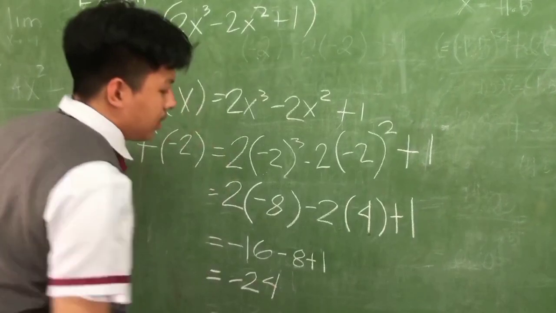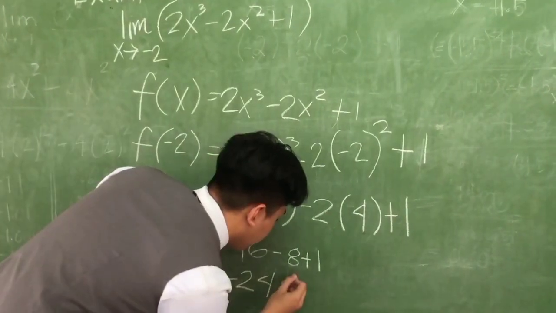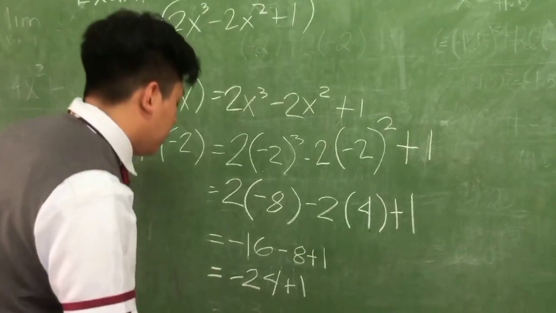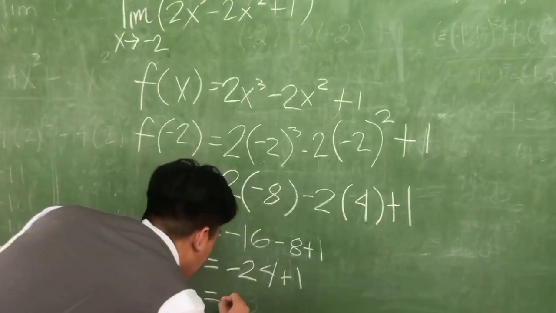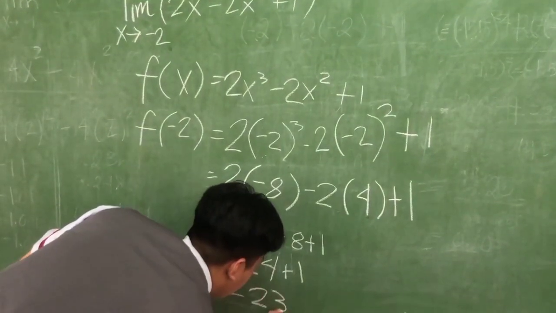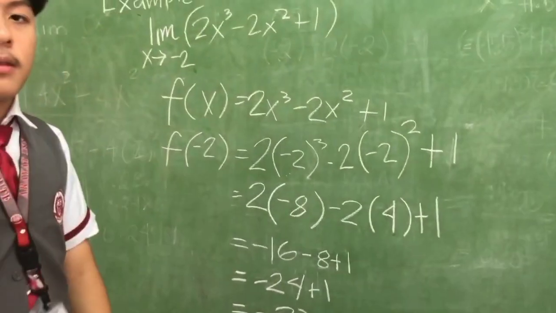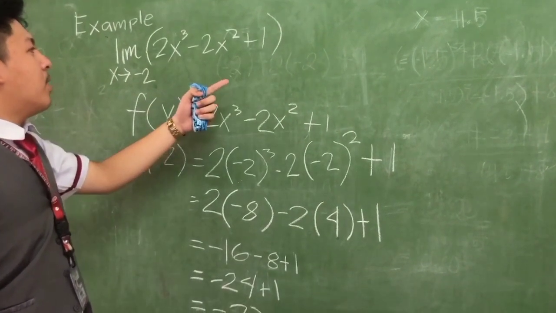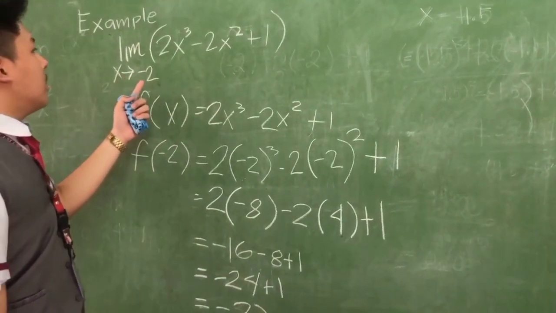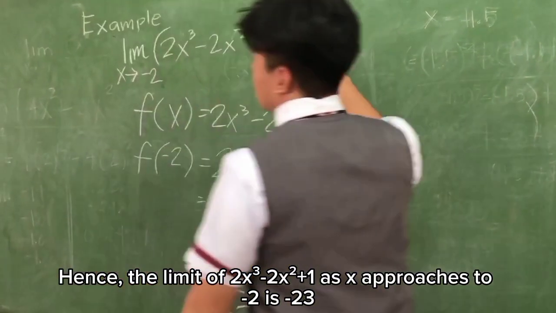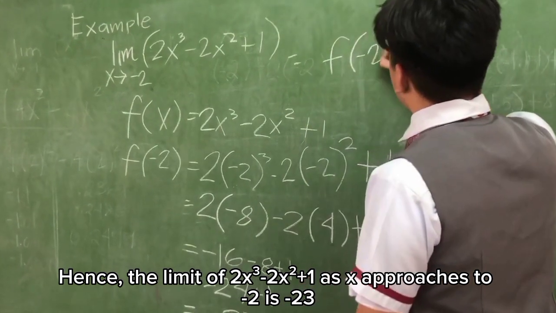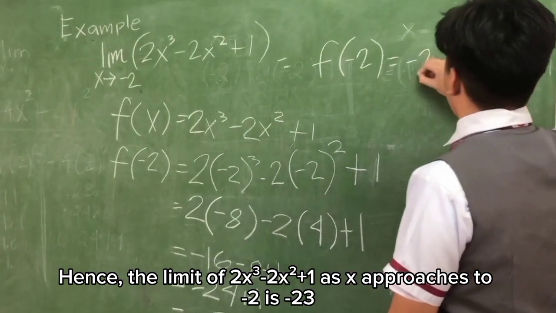Tapos bibring down lang natin itong 1. Tapos, pagpa-plus natin ito, negative 24 plus 1 is negative 23. So, limit of 2x cubed minus 2x squared plus 1 as x approaches negative 2 equals f of negative 2 equals negative 23.